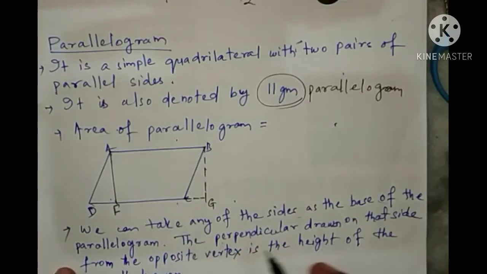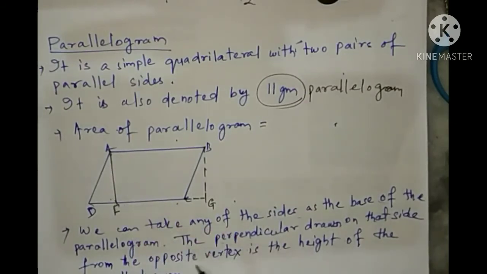So we can take any side of the parallelogram as the base, any side. And the perpendicular drawn on that side from the opposite vertex is the height of the parallelogram. So the area of a parallelogram is what? Base into height.